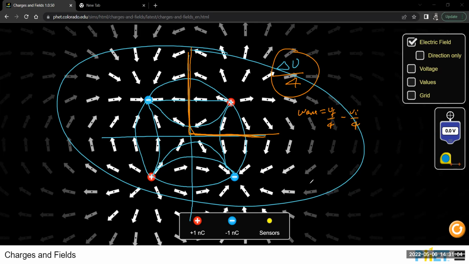Yes, sir. So this is the PhET Colorado site. I gave this site name in the very beginning when I was teaching the chapter on vectors. You can do the simulation and practice whatever you want. It is a really nice website, free of cost, nothing you need to pay.